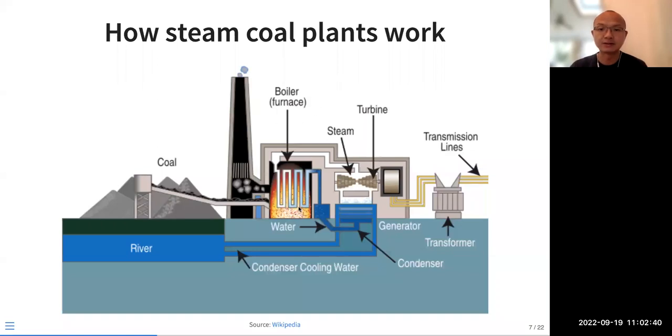And combustion happens here, and the heat converts the water to steam, and the steam drives the turbine, which generates electricity, and the electricity is transmitted through the transmission line to send it to the customer.